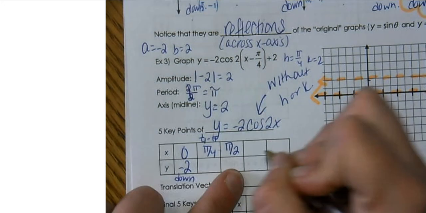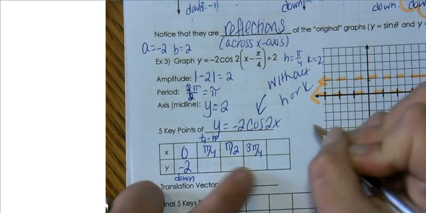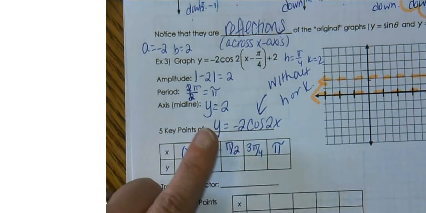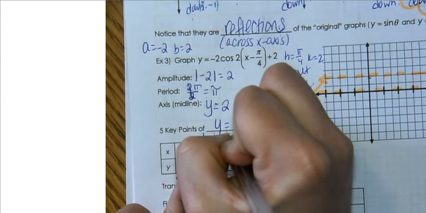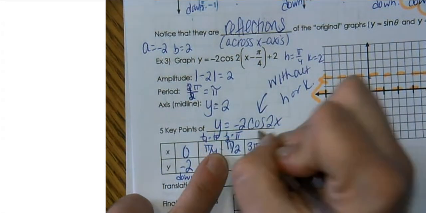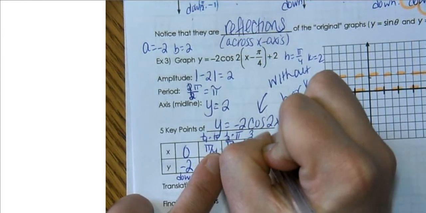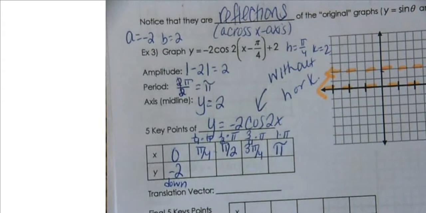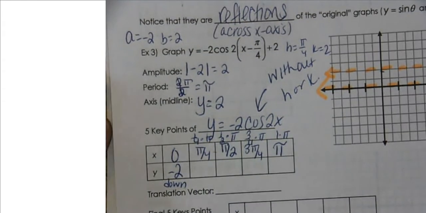The next one will be 3 pi's over 4. And finally, 4 pi's over 4, which simplifies to pi. We come up with these values by multiplying 1/4 times pi, 1/2 times pi, 3/4 times pi, and 1 times pi. Both approaches will still get you the exact same values in the x column of your table.